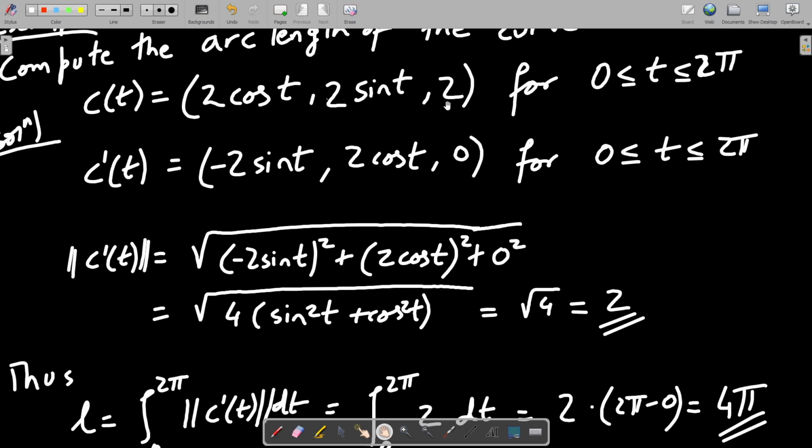It's a planar curve, it lies inside one plane only. So we have to worry only about what the x and y terms are contributing: 2 cos t and 2 sin t. What does this represent? Circle, right? So this is a circle of radius 2, drawn in the 3-dimensional space at a height of 2, right?